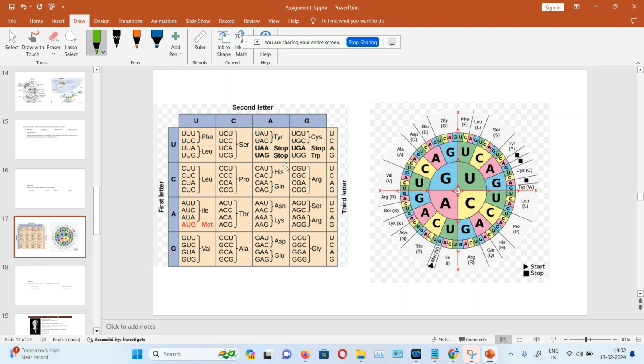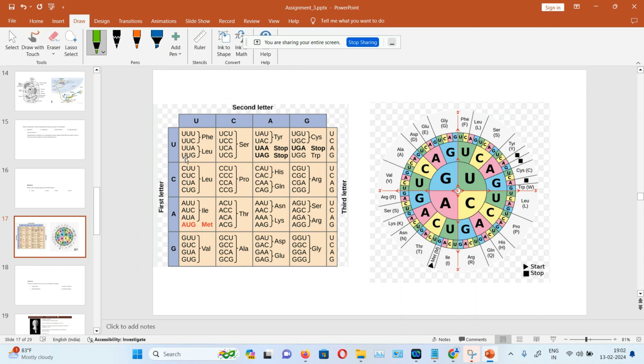We can use this codon table if you are doing some reactions, or you want a particular protein or amino acid but you don't want a particular nucleotide. For example, you want to get the amino acid leucine, but you don't want the guanine inside that particular gene.